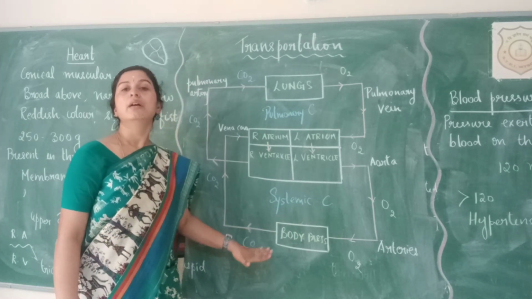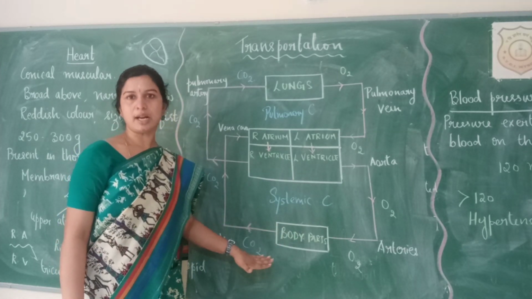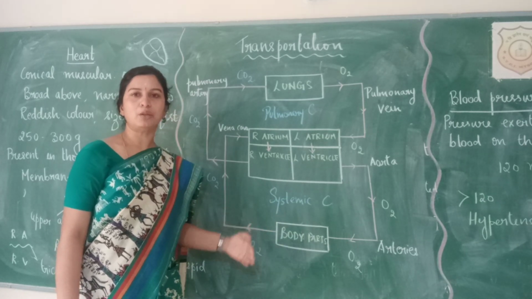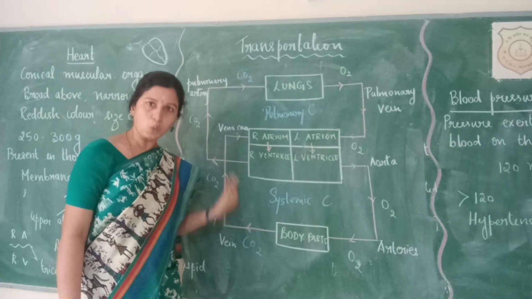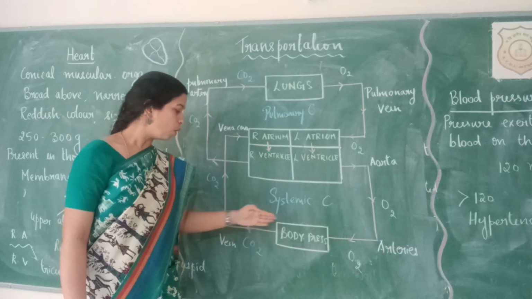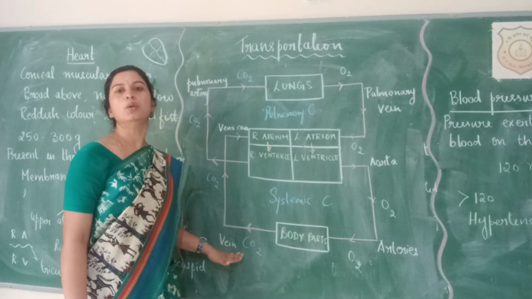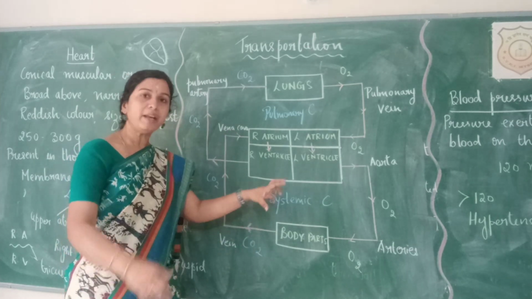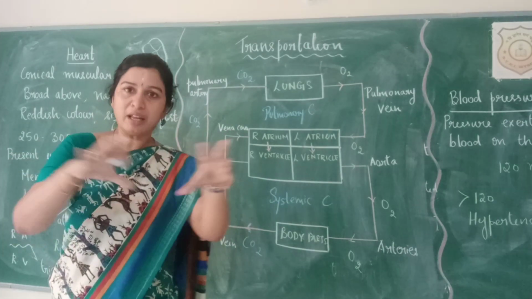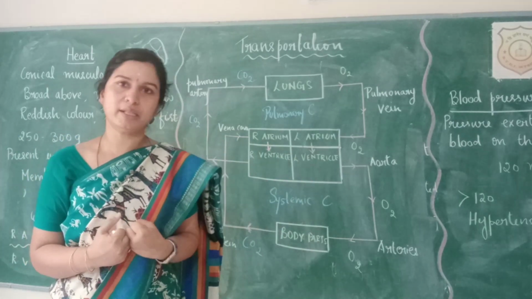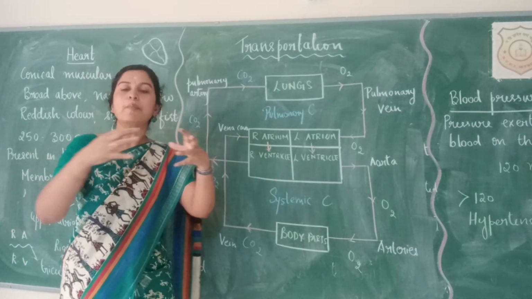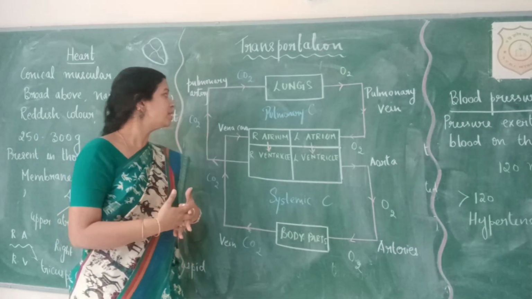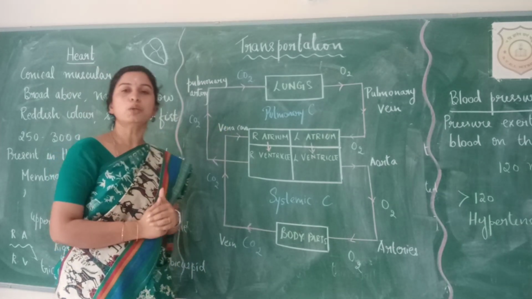So now the blood is deoxygenated, right? When the blood is deoxygenated, it is next transported through the veins to the heart. We know that veins are going to take it back to the heart. So many veins from many body cells take the deoxygenated blood, combine together, and pour it into a giant vein, which is called the vena cava.